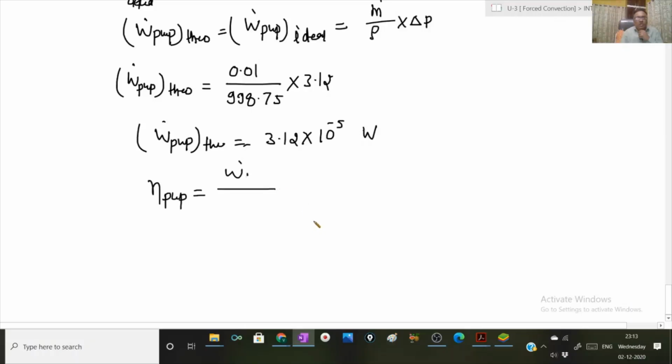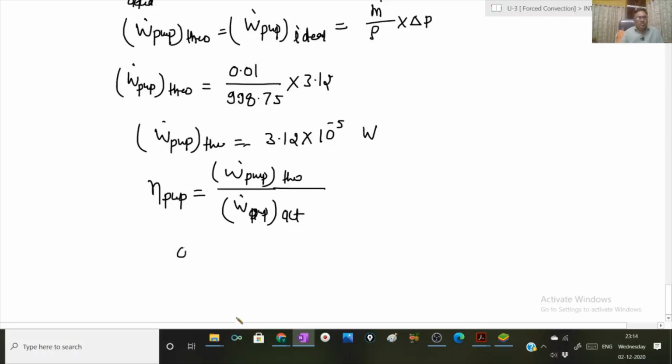So W dot pump theoretical will be the ideal work, and the actual will always be more than the ideal one because of friction.